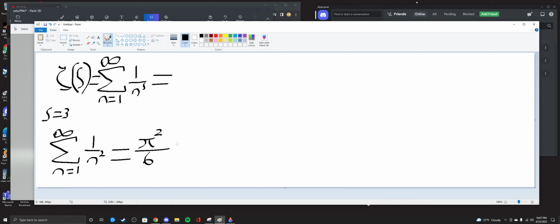Which is approximately equal to 1.6 something. Let me find what it's actually equal to.